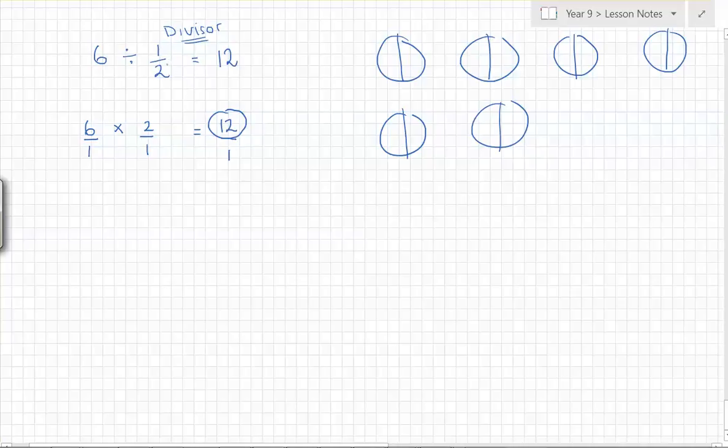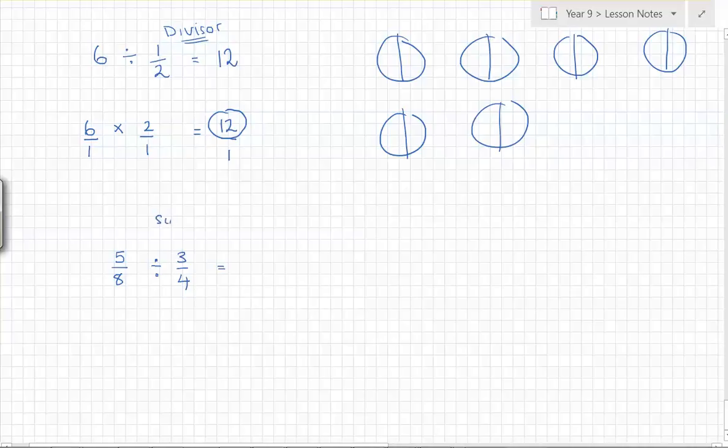So if I give you one that will simplify, 5 over 8 divided by 3 over 4, I want you to tell me what the answer to that is, and it will simplify.